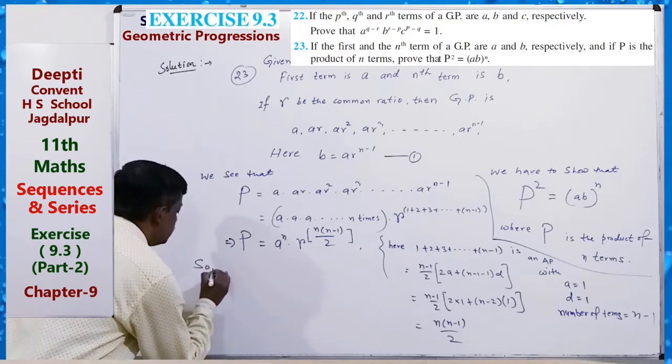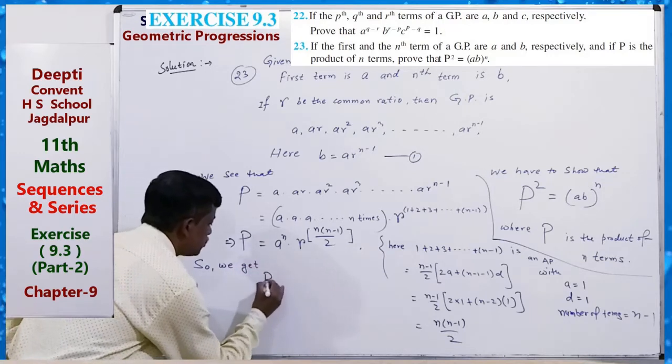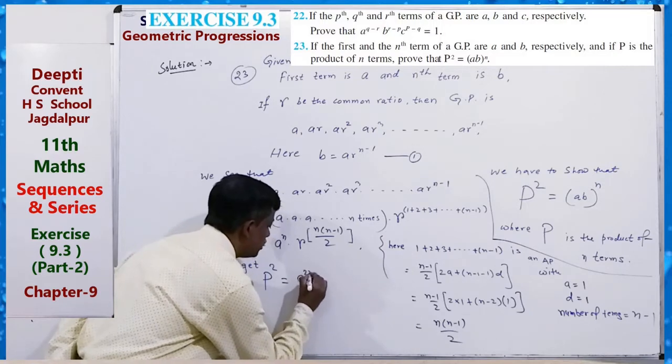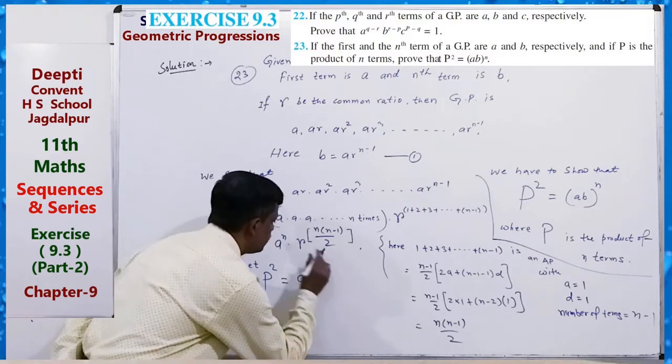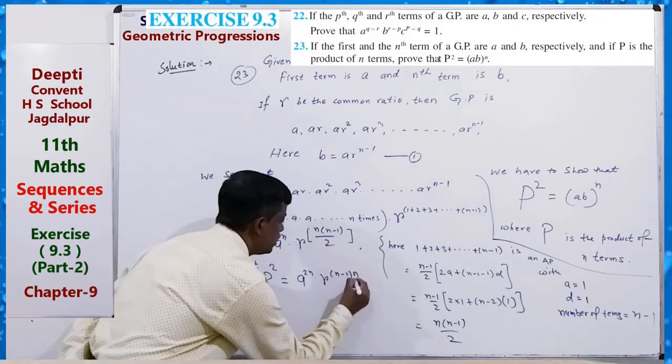So we get P square equals A to the power 2n and R to the power 2 cancels, (n minus 1) into n.